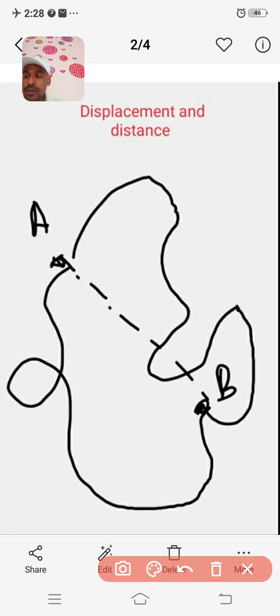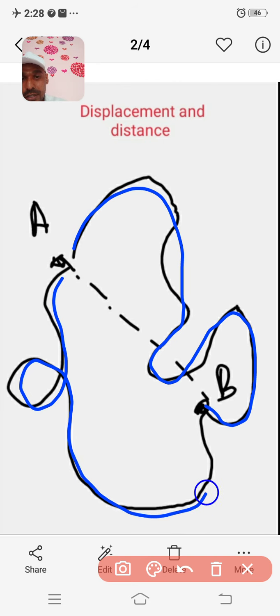Firstly, we measure the distance in this way. Then we measure the distance in this way, and finally we measure the distance along the dotted line.